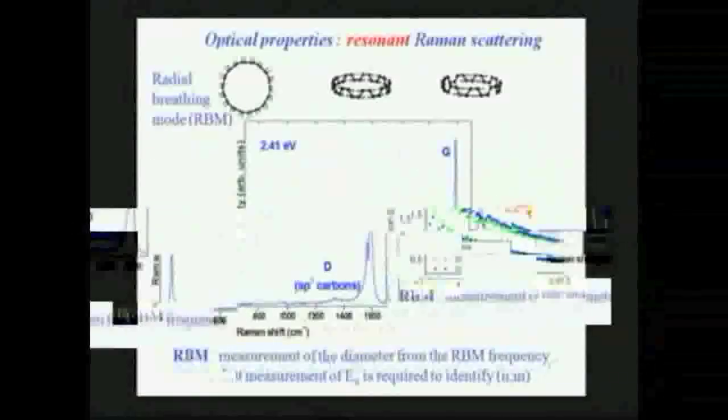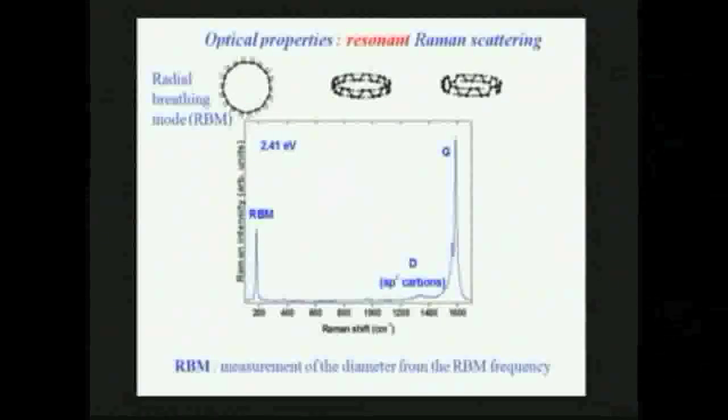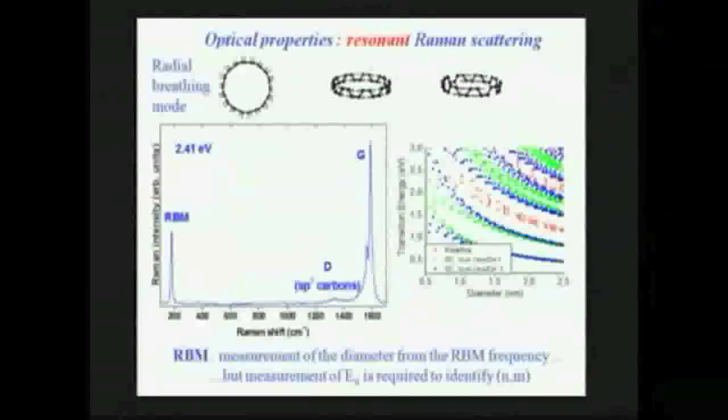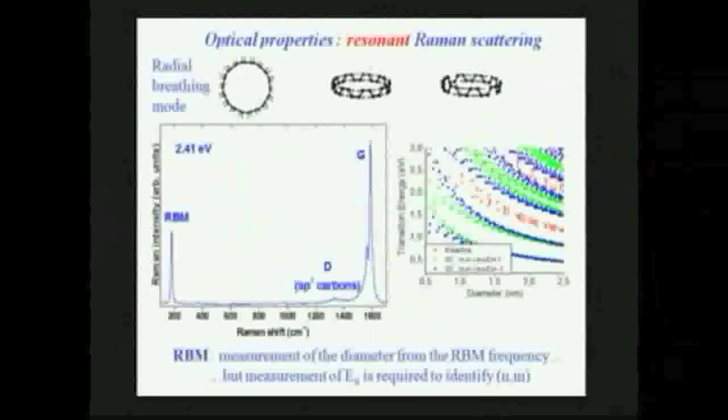So first of all, before showing you results on individual nanotubes, we recall that the radial breathing mode's frequency is inversely proportional to diameter. But it's not enough to measure the diameter to identify the (n,m), because you can see here, for one given diameter, you can find different (n,m) nanotubes. Nanotubes with different chiral symmetries, different chiral angles, can have the same diameter.